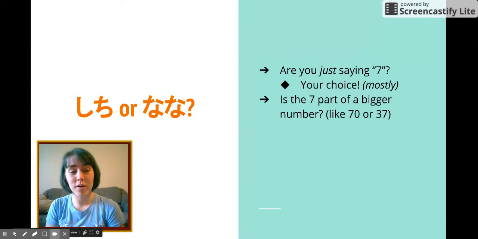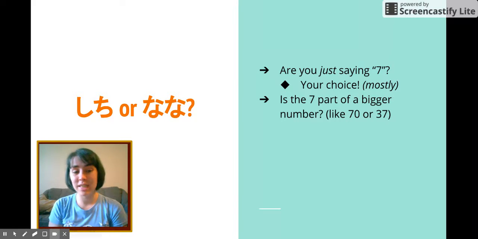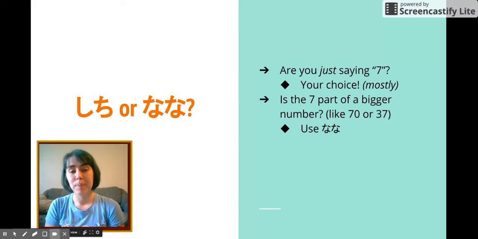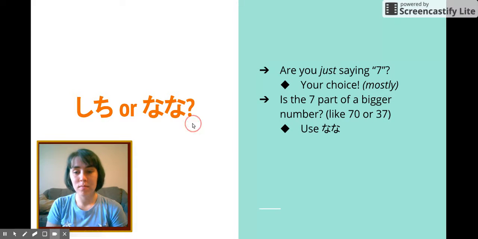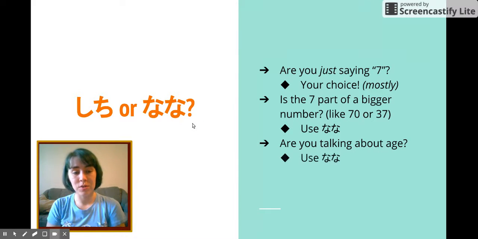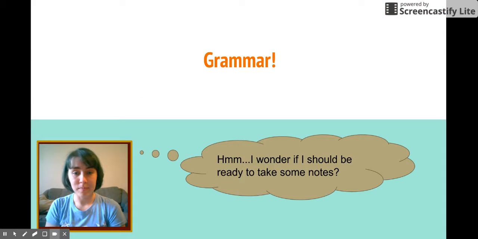Is the 7 part of a bigger number, like 70 or 37? You'll use nana. Are you talking about someone's age? You're always going to use nana. There's one exception. There will be a note in the Edpuzzle.